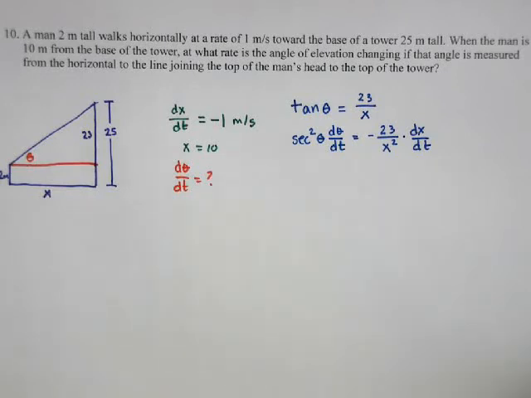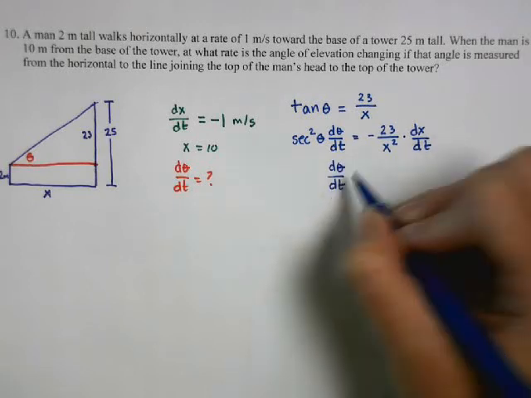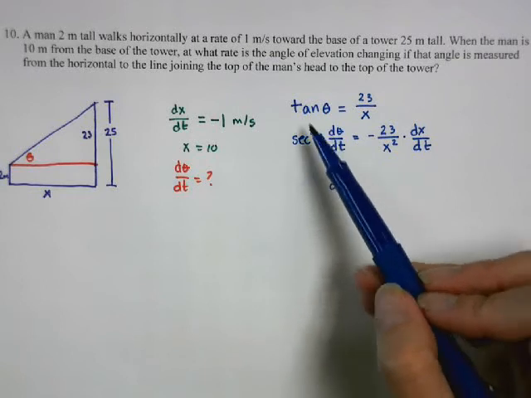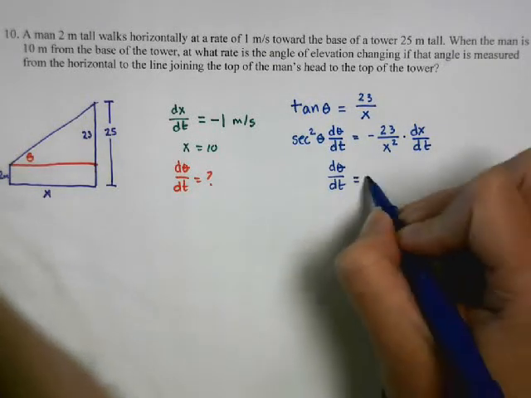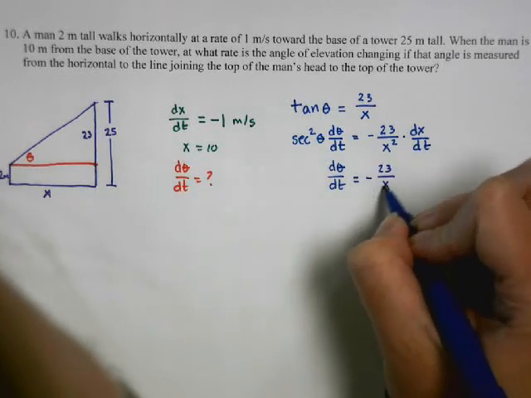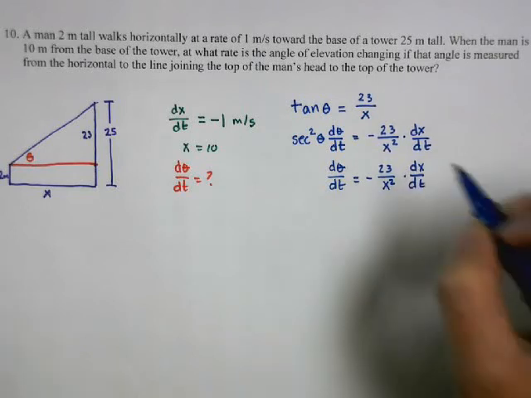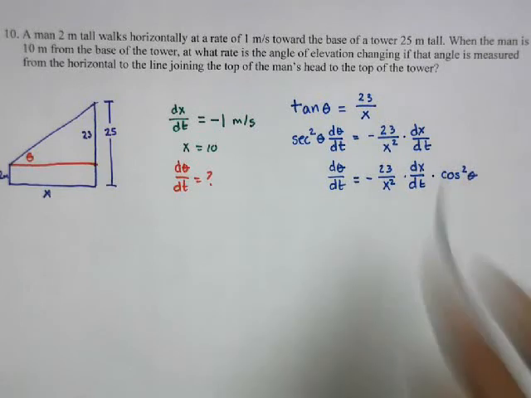Okay, I can divide by secant. Since secant is 1 over cosine, that means I'm multiplying by cosine. So this is going to be -23 over x squared times whatever dx/dt is times cosine squared theta. Okay, so we've solved for d theta/dt.